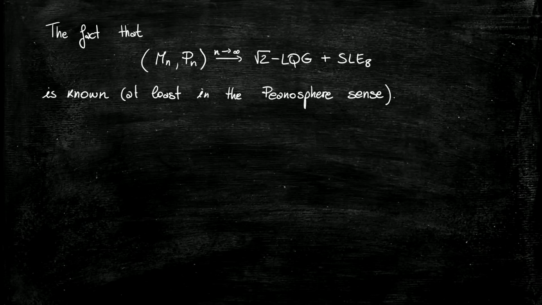OK, so one remark. The fact that the first pair, planar map and Hamiltonian path, converges to square root of 2 LQG and SLE8 is known at least in a weak sense, in the peanosphere sense. It's a very weak notion, it's not a topology, but it's one way that we have now to prove in some sense that a planar map with some model is converging to LQG and SLE.